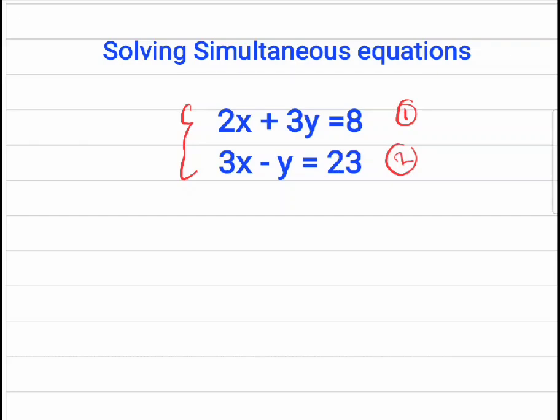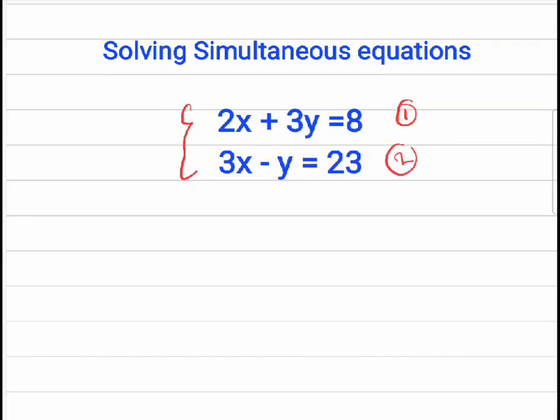Now, there's two things you can do to manipulate an equation. So you can multiply both sides by a number, or you can add or subtract equations together. So that's the only two things you can do to equations to manipulate them. And for us, we're going to look at solving them by elimination.